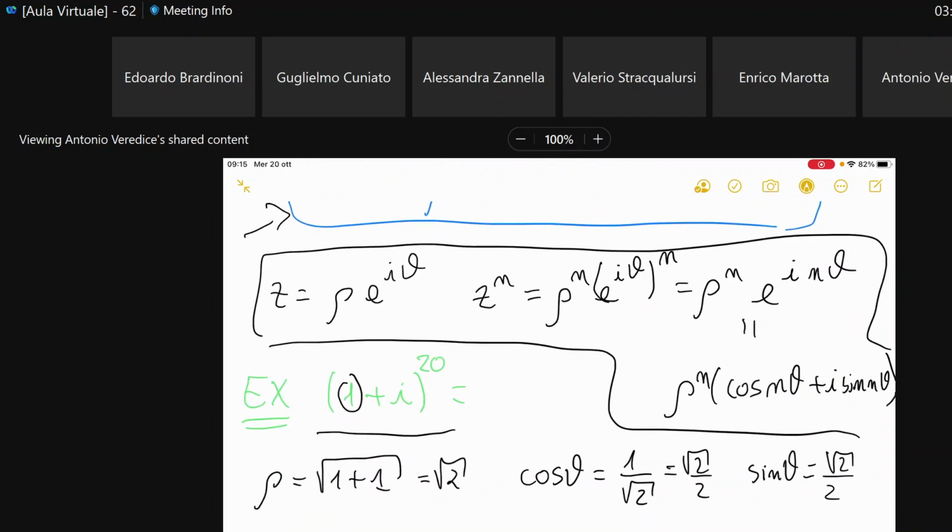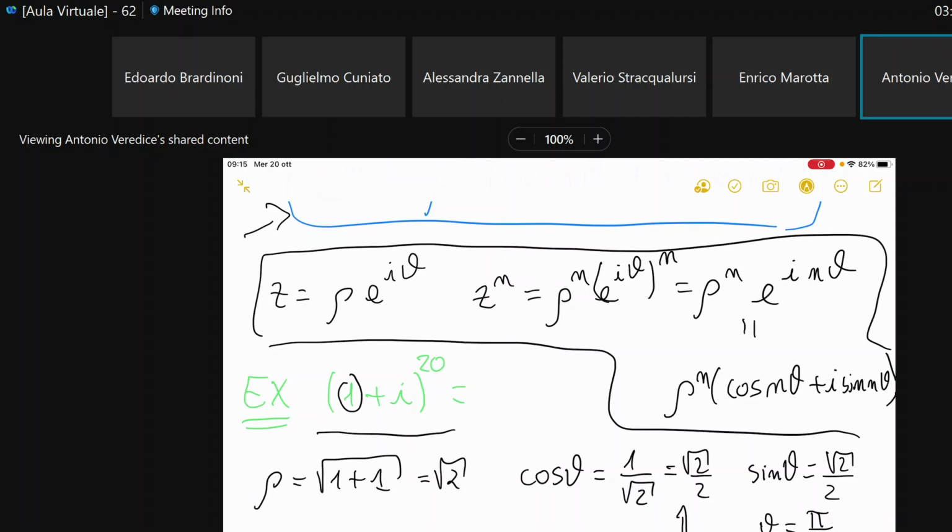At this point, you have to recall that the angle whose sine and cosine is square root of 2 over 2 is 45 degrees. Okay, 45 degrees, or pi over 4. So theta is pi over 4. Rho is square root of 2.